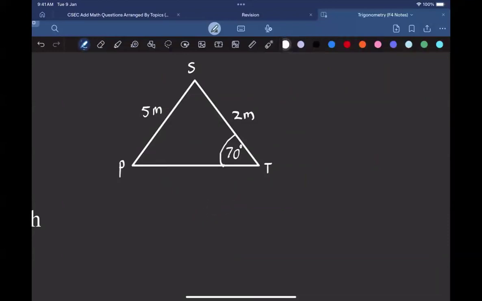Bryce, wait a minute. Where is my included angle? Where is the included angle?